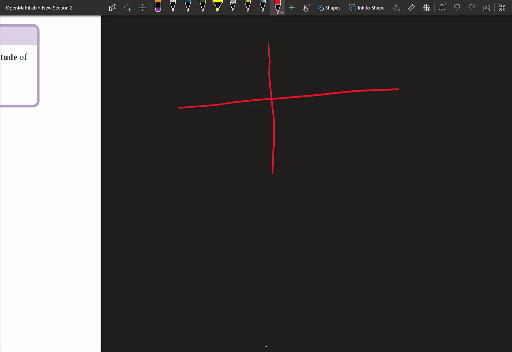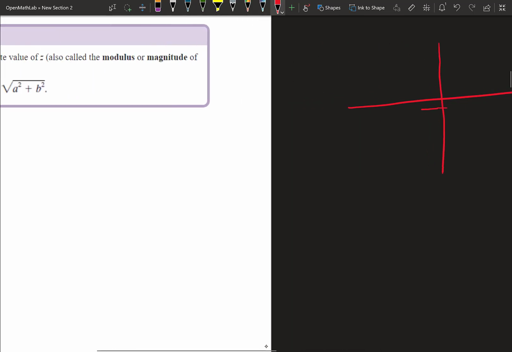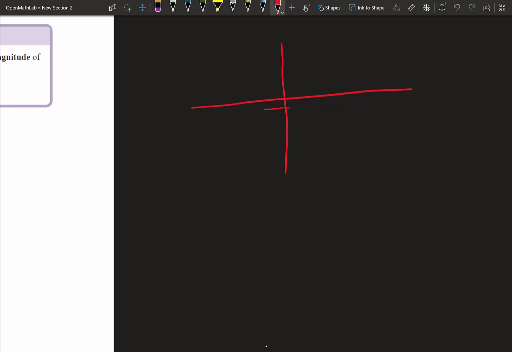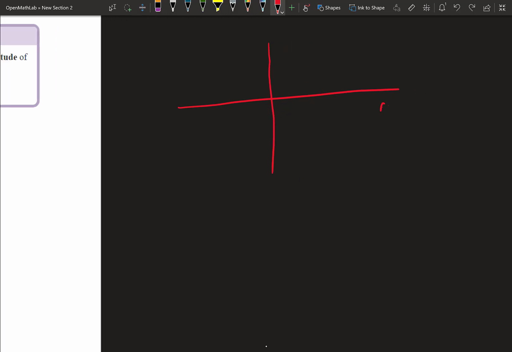Because if I have just a complex plane, with the real axis and my imaginary axis, then if I graph the point a, b, maybe this is a and this is b, so this point is the ordered pair a, b, which is graphing z equals a plus bi.